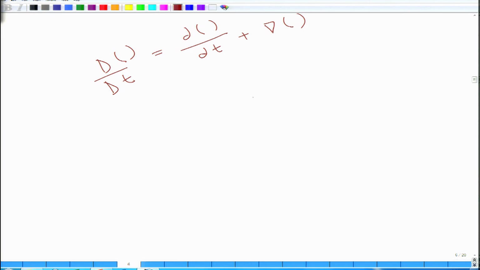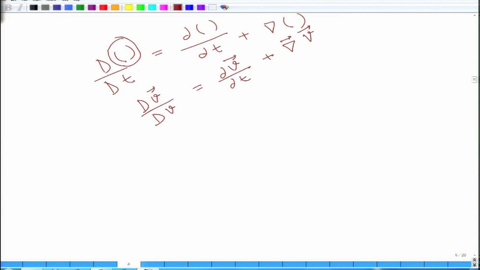Now, if the property we are interested in is the flow speed, then dV by dt can be written as del V by del t in the vectorial notation, plus V dot del V, where del is the del operator.